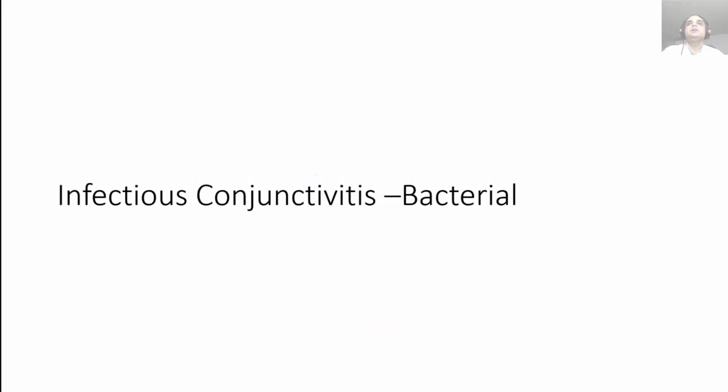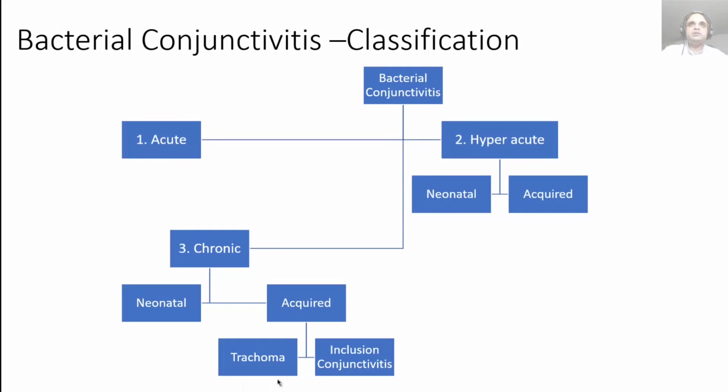Now we're going to move on to the bacterial conjunctivitis, and as we saw this rather elaborate classification into acute, hyperacute, and chronic varieties, they are not that difficult actually to understand, as you will see.